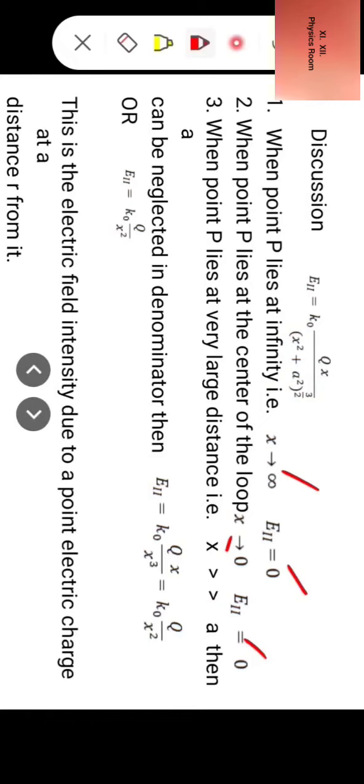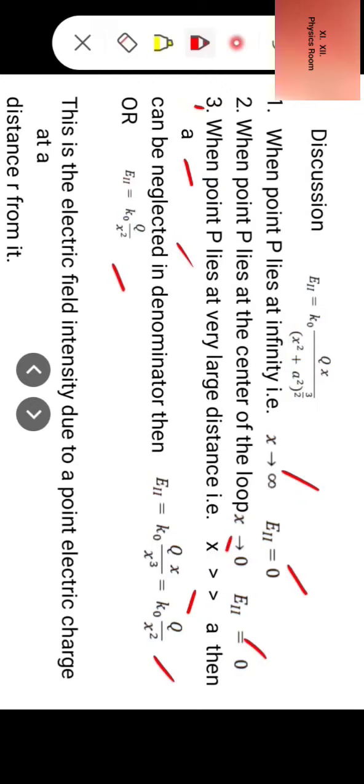Third point, when point P lies at a very large distance, that is, x is very large as compared to a, then a can be neglected in the denominator. Then E parallel will be equal to k naught q x by x cube, or it is equal to k naught q by x square.